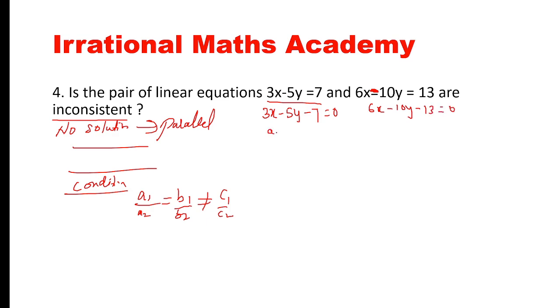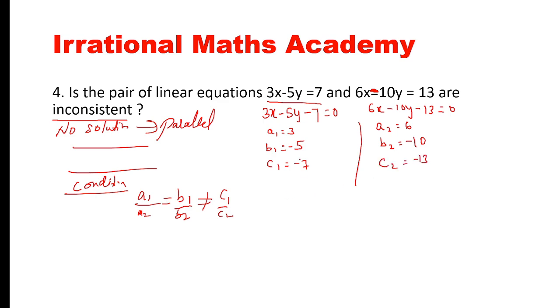A1 value is 3, B1 value is minus 5, C1 value is minus 7. Next, A2 value is 6, B2 value is minus 10, and C2 value is minus 30.